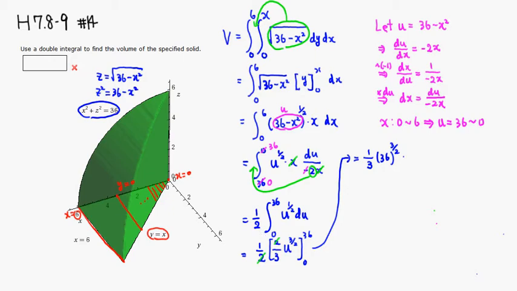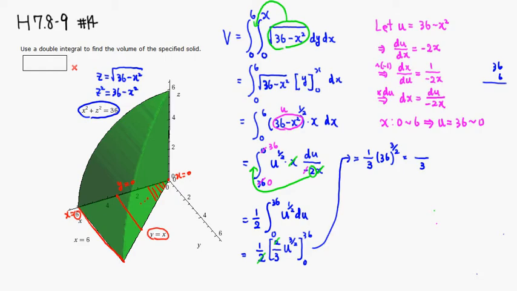So this is going to be 1/3 times 36 to the 3/2, and the square root of 36 is 6, to the 3rd power. So 6 times 6 is 36, and times 6, divided by 3, so it's times 2.